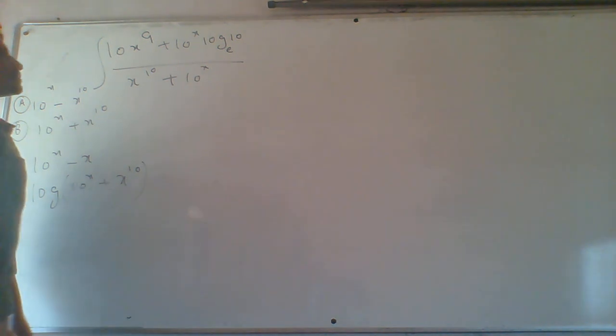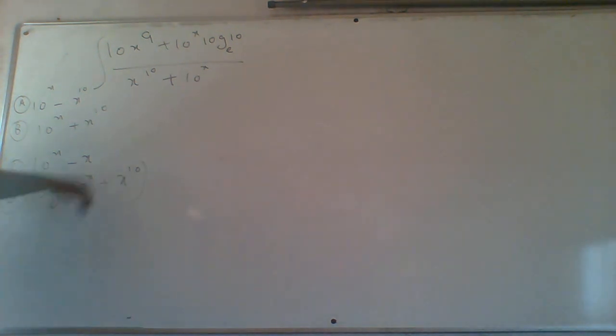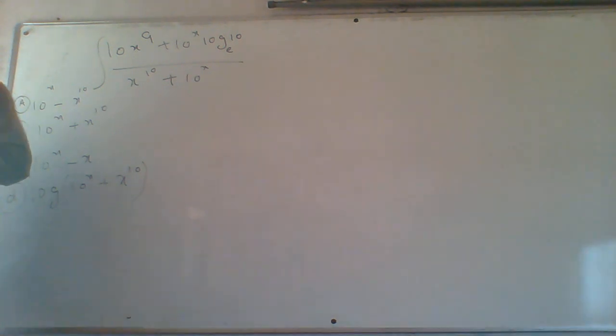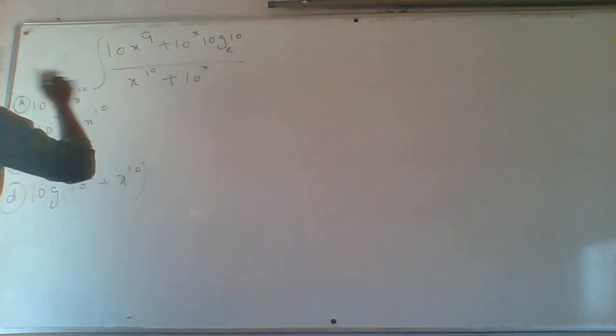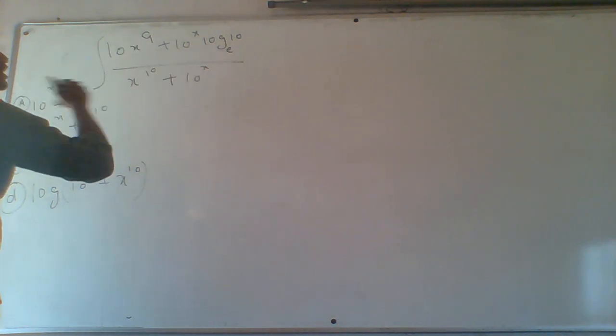See, what thing do we have to assume as t here? If we assume the denominator as t, what will be the derivative of x power 10? It is 10x power 9, plus, what is the derivative of 10 power x?